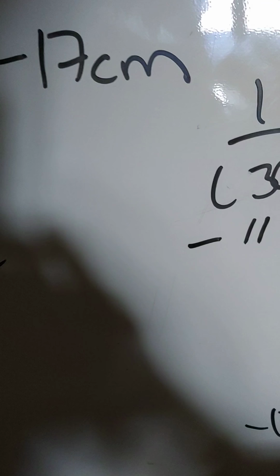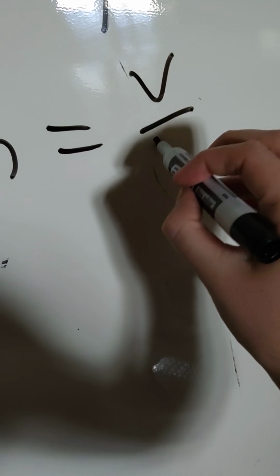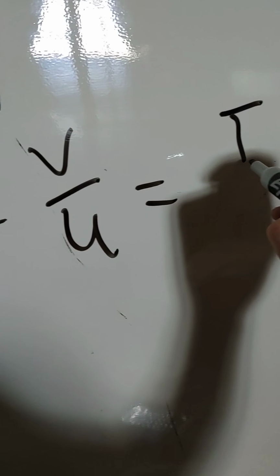Now we're going to find magnification, since we know what the image distance and the object distance are. So M equals V over U, which is equal to the image size over the object size.